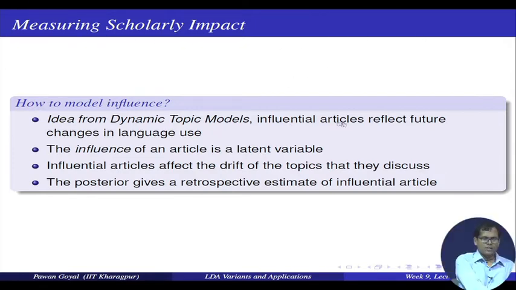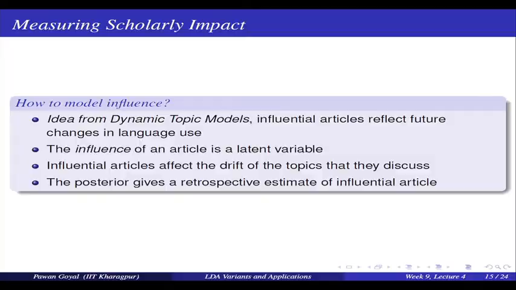Influential articles reflect the future change in language usage in that topic. The influence of an article can be thought of as a latent variable, and influential articles will affect the drift of the topics that they discuss. So we can model it as a variable, and the posterior we get for this variable will tell me how influential this article was.